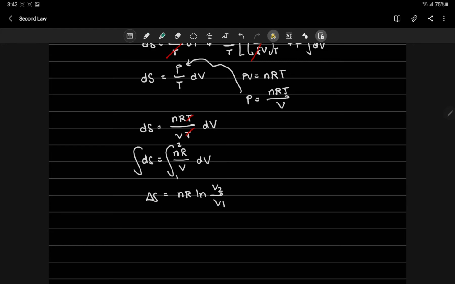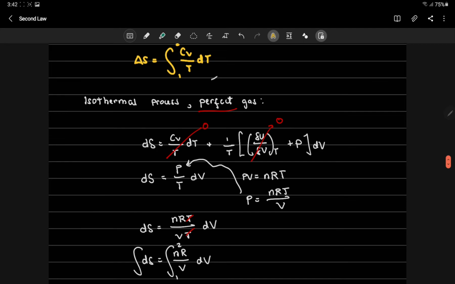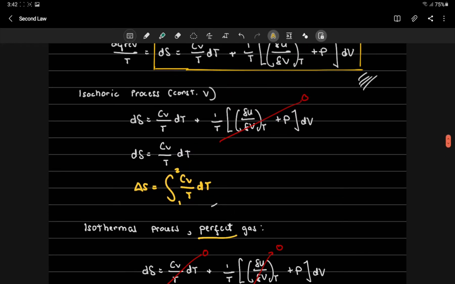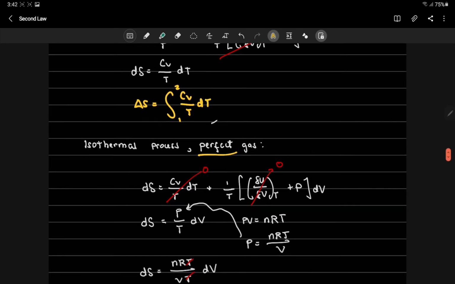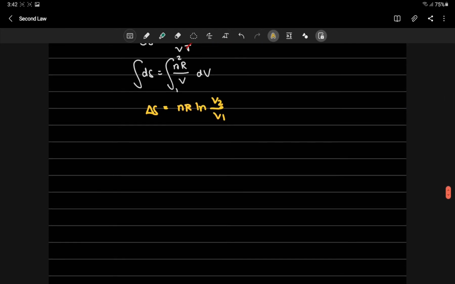So, yan na yung gagamitin mo ngayon na equation kapag perfect gas tsaka isothermal yung process. So, kung ako sa inyo, take note nyo na lang yung, again, yung ating general equation. Okay. So, yung ginawa natin ngayon is we assume that entropy is a function of temperature and volume, right?